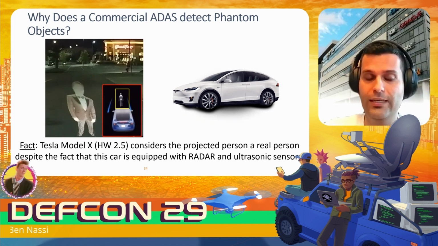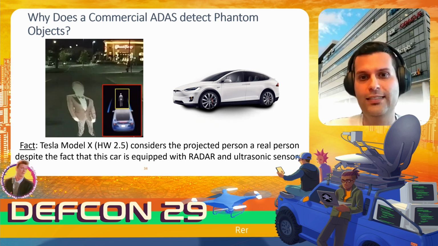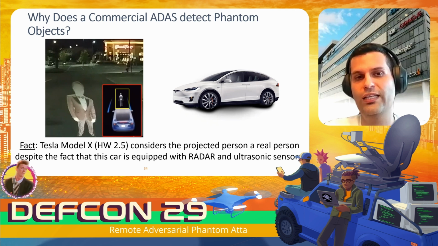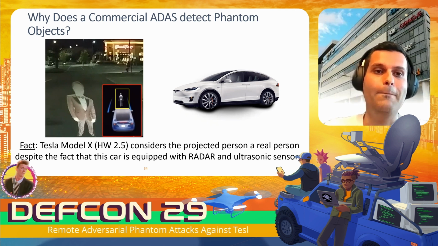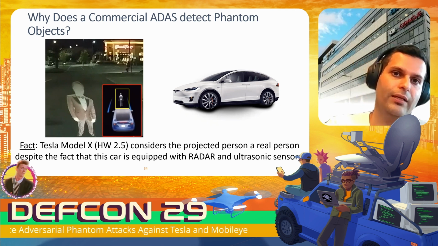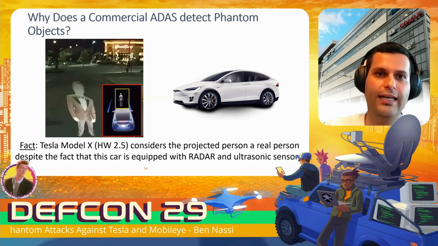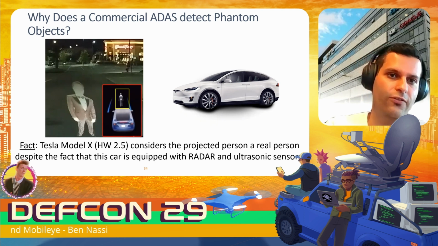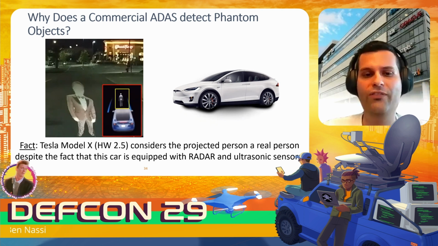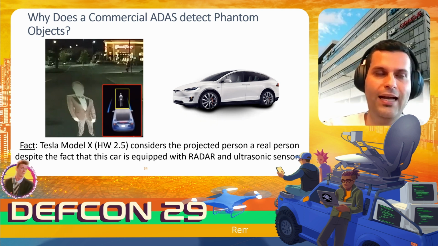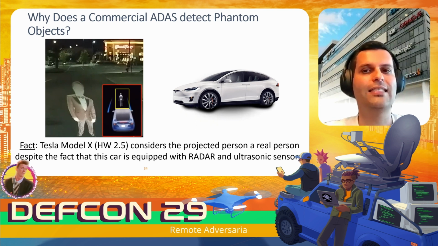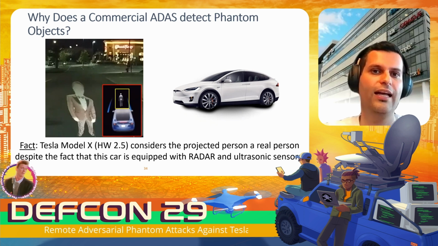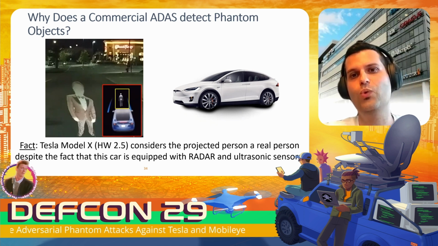And as a result, a system which consists of a video camera, a set of ultrasonic sensors, and a radar may follow the video camera instead of relying on the radar or the ultrasonic sensors for the case of pedestrian detection. However, when it comes to cars, the case is very different because cars have a very strong radio signature that can be used to identify them.